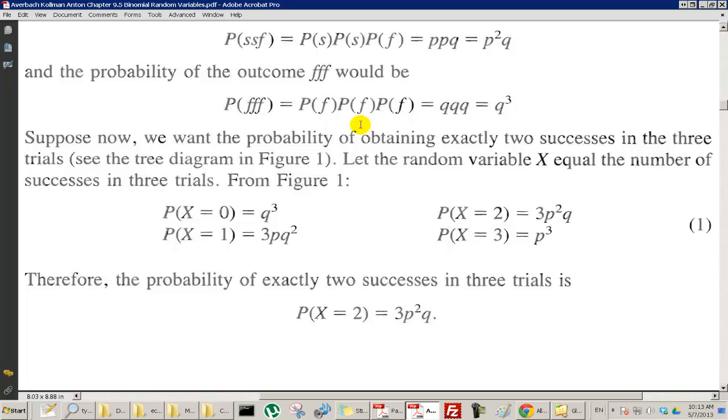And then what's the probability that x equals 1? Well, we saw, did we see it before? Sorry, this was SS, so this was the probability that x equals 2. Here, the probability that x equals 2, we saw that if it was SSF, it would be p squared q. But we said that there are other ways that you could get 2 successes. So let's check that.